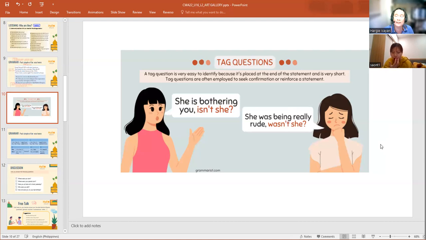But I don't know exactly whether this sentence is true or false. Is it correct or not? So asking a question for confirmation.